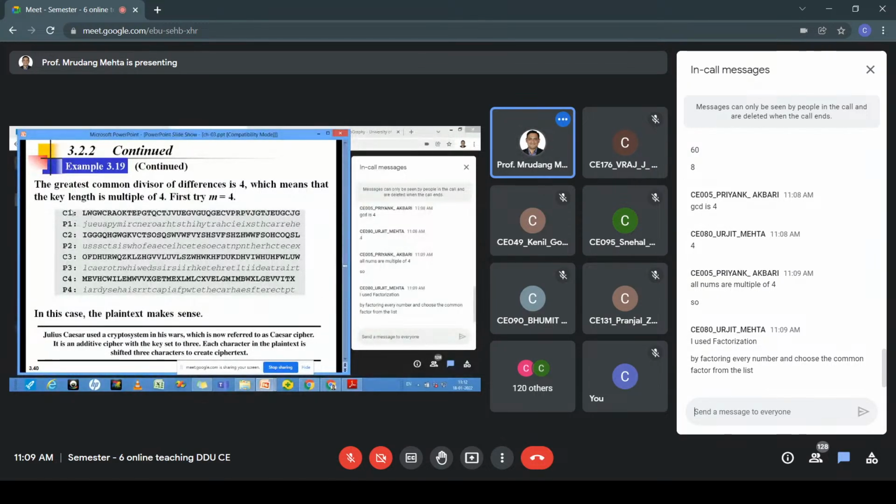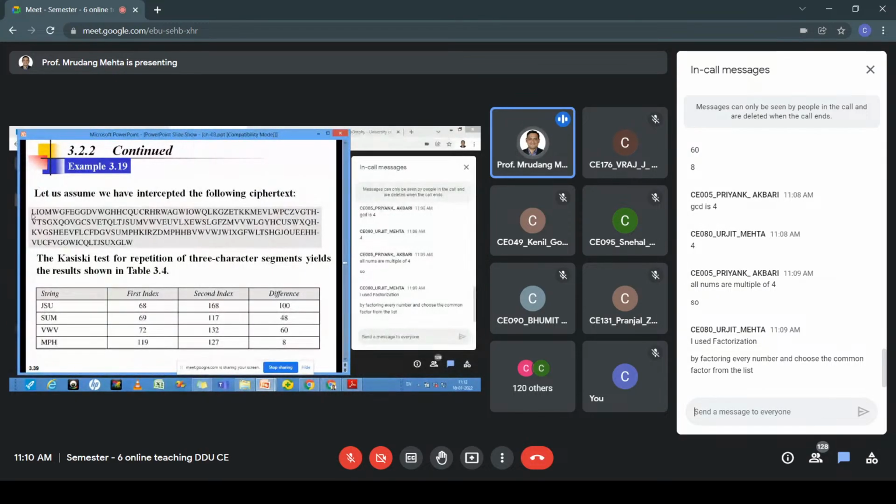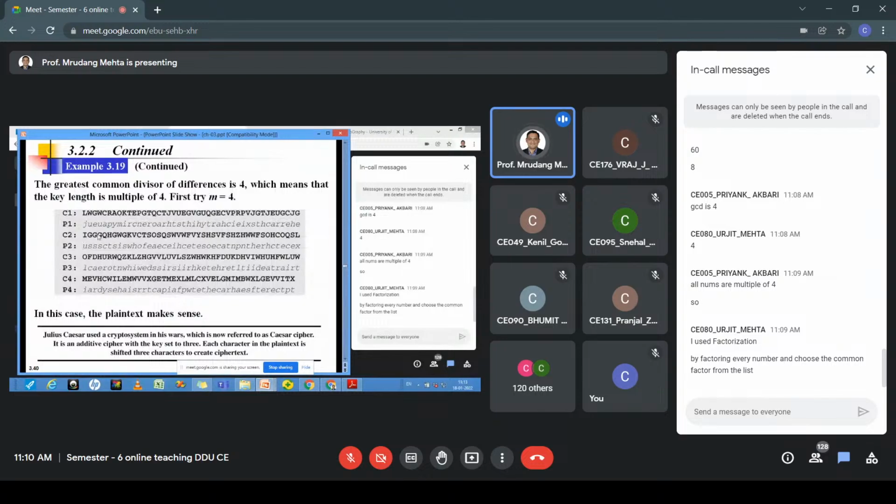We have encrypted text starting from L up to G, that you can see here, right? So the total number of characters we have to count, and that we have to divide by 4. Here you can see, this is L up to G, then I up to L.